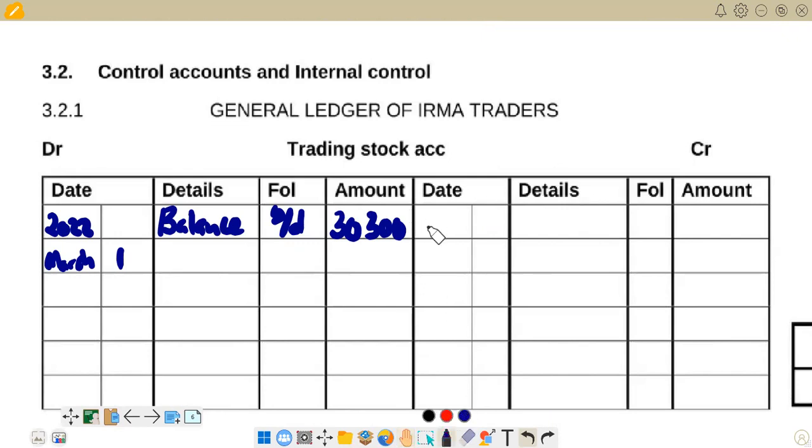We have got our dates. Our dates are 2022, and then this is March 31. March 31, and then all the details, we know that these are cost of sales.